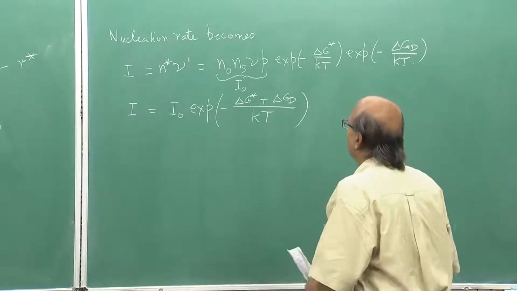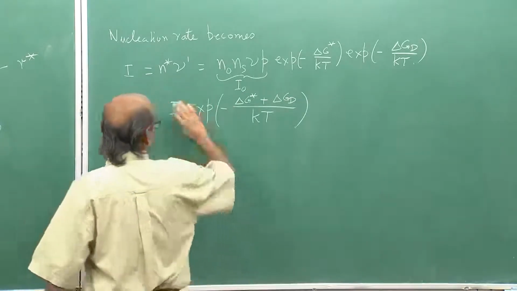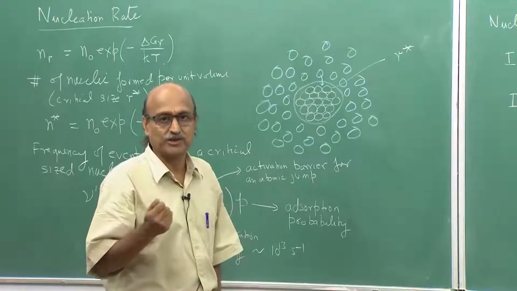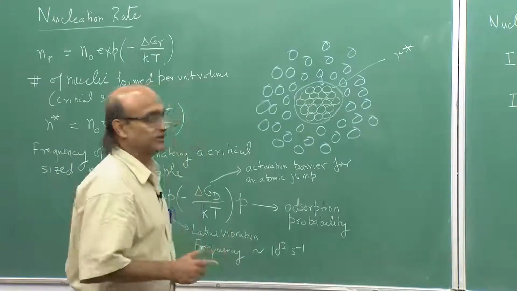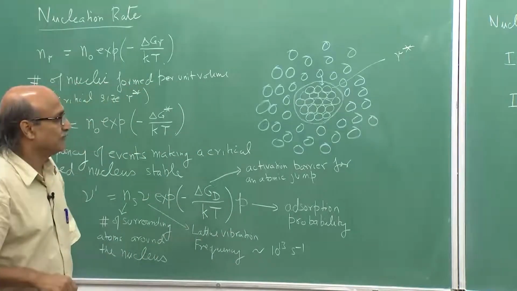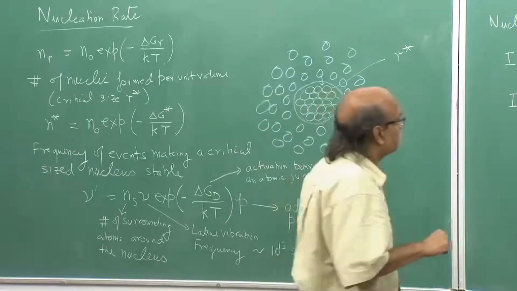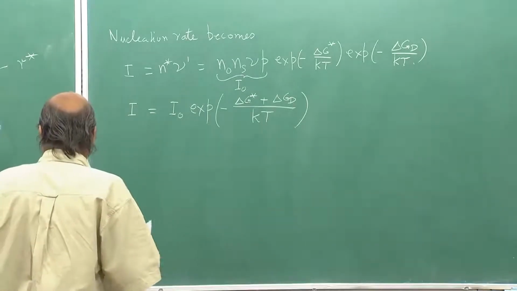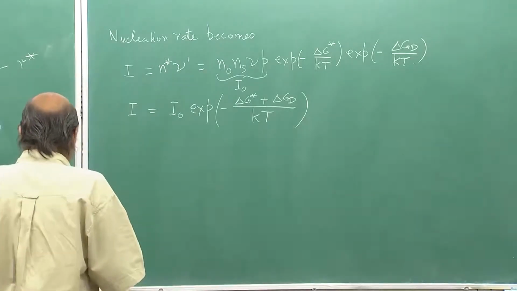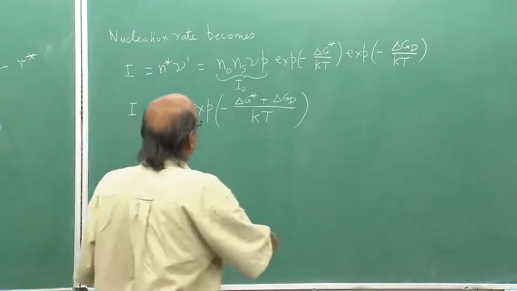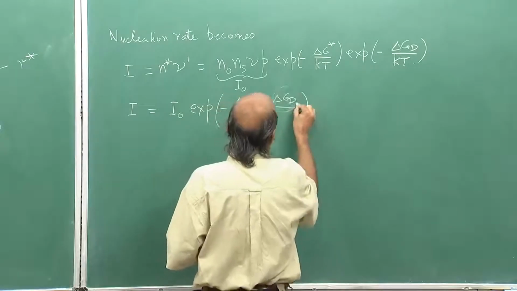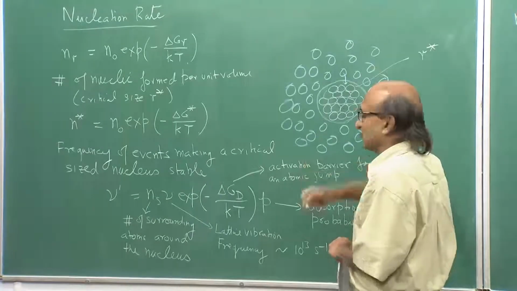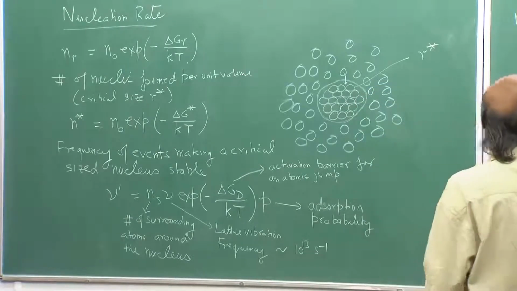but we have to have some estimates for the various terms involved, then only we would be able to estimate what is the rate of nucleation for a given system at a given temperature. So, let us first look at delta GD, which is the activation barrier for a liquid atom to jump across the interface and join the nucleus.